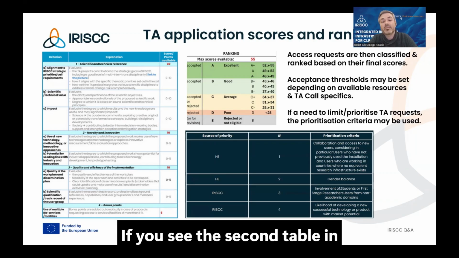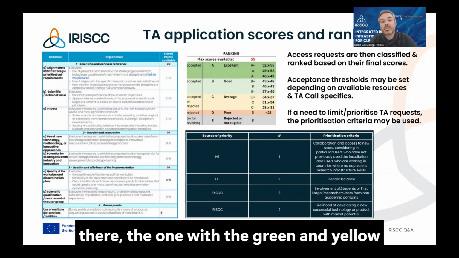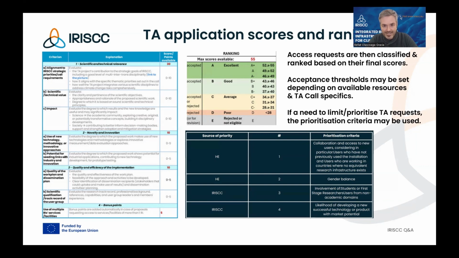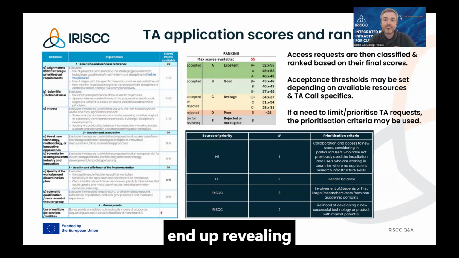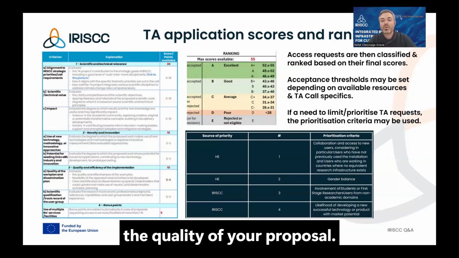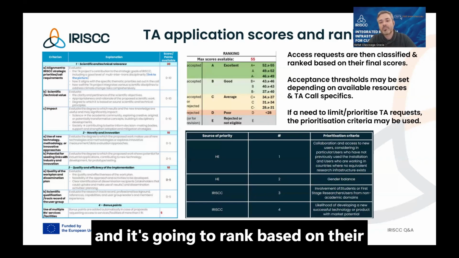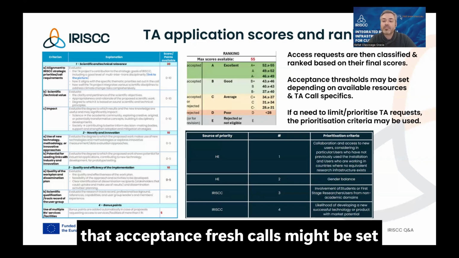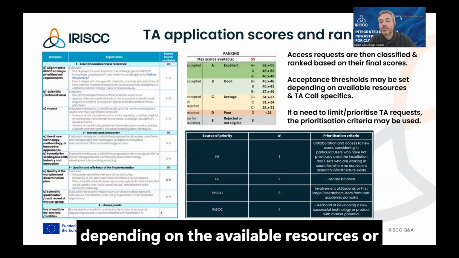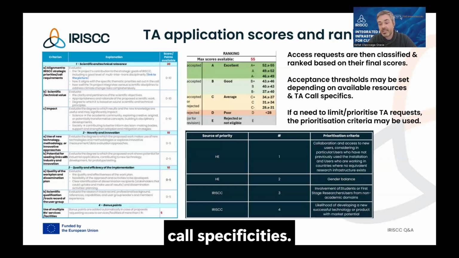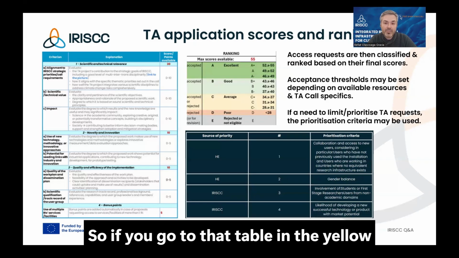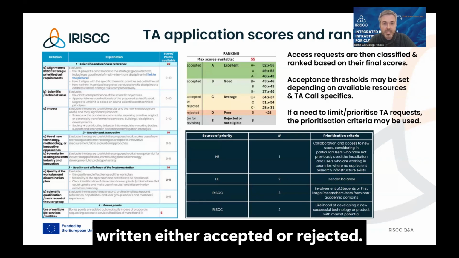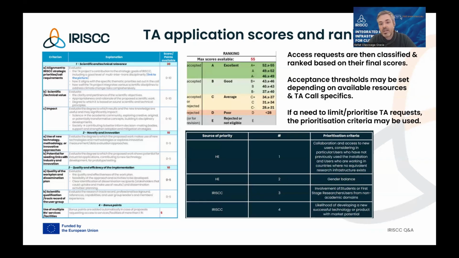If you see the second table in there, the one with the green and yellow shades, this is going to end up revealing the quality of your proposal, and it's going to rank based on their final scores. We also have to say that acceptance thresholds might be set depending on the available resources or call specificities. So if you go to that table in the yellow average section, you see that it's written either accepted or rejected.